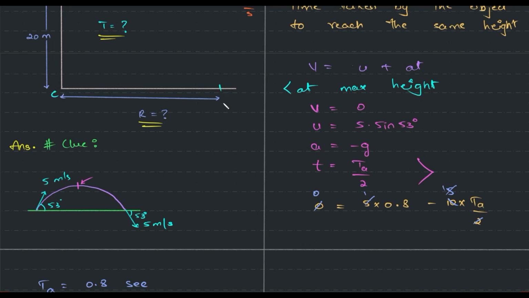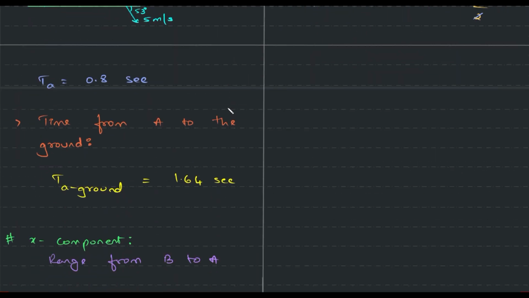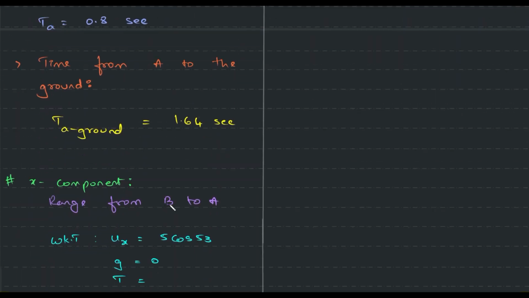C to D. We can directly do that. Since I know the total time for the journey, right? 0.8 plus 1.64. Guys, I'm not writing everything on the screen, I didn't write the total time of journey. We just need to add this. All that I'm leaving it to you. 2.44 seconds. This value I've not written.